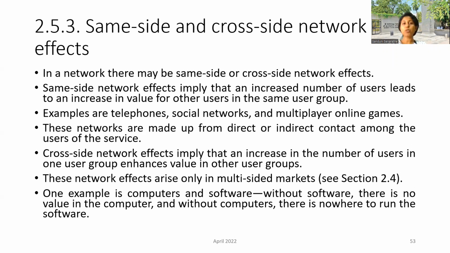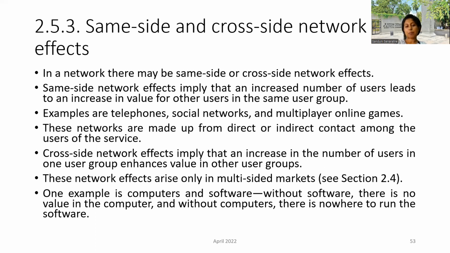Let's say if it's a Facebook group, when more and more users get added to this Facebook group, it increases the value that the group has to the other users. These networks are made up of direct or indirect contact among the users of the service. So the connections or interactions happening between the people in same-side network effects can be both direct or indirect.